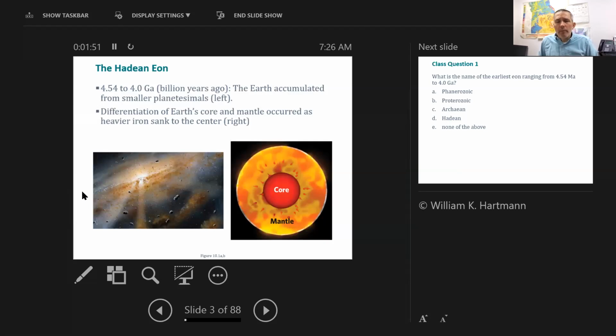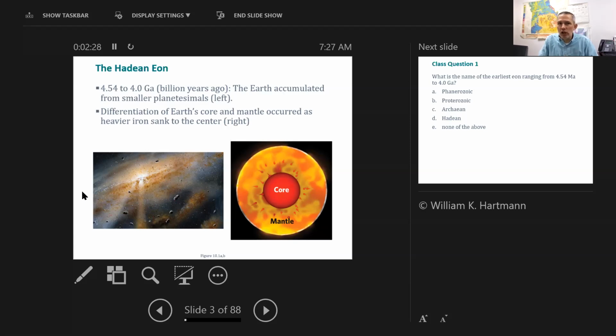Just a brief recap from the prelude chapter: we talked about how in our galaxy materials started to accrue, and we're going to look at this from the aspect of time, the history of the Earth. We're going to call this time period the Hadean. It literally means the Hades on Earth, where we would have had really, really hot temperatures on the Earth's surface, from 4.54 billion years to 4 billion years ago.